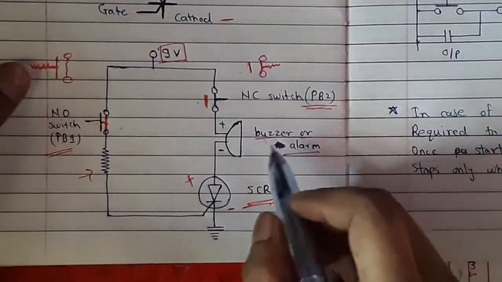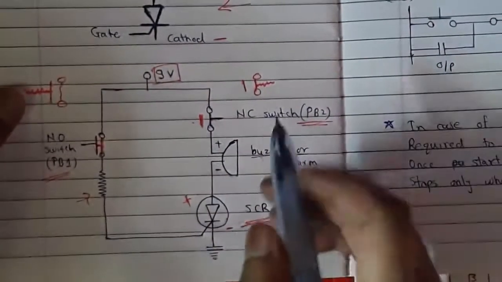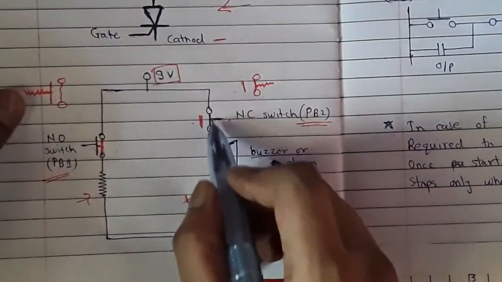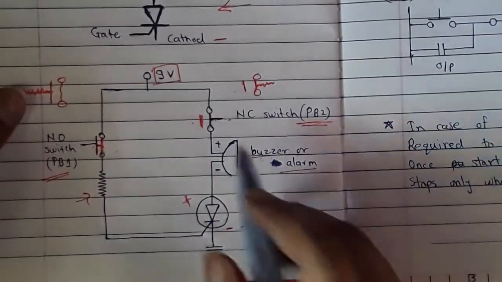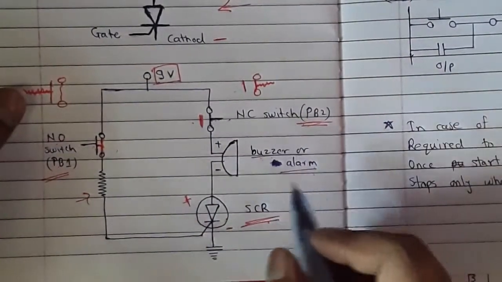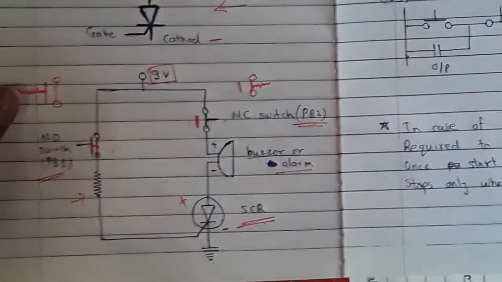It gives a sound. When we give it another input, that is this one, that is PB2 here, then after this second input, it stops alarming.